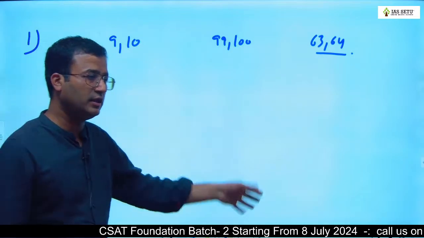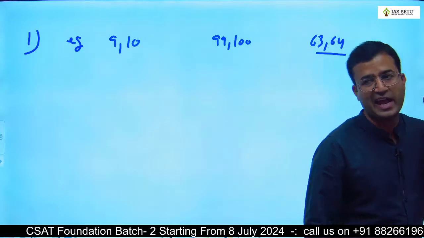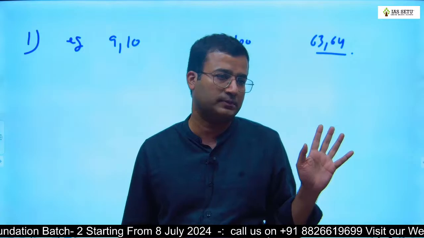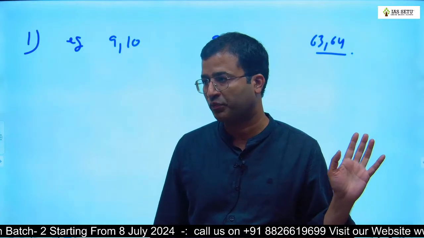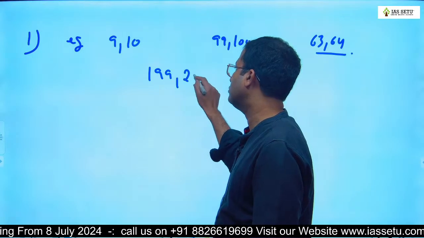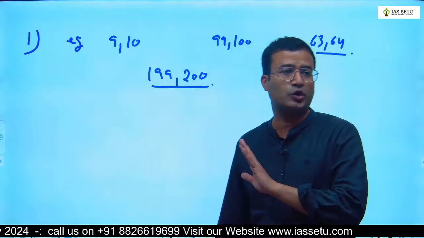They have done this, have checked two consecutive natural numbers. So you take any two consecutive natural numbers, always, no need to waste. If I ask whether 199 and 200 are co-prime, no, don't waste energy.